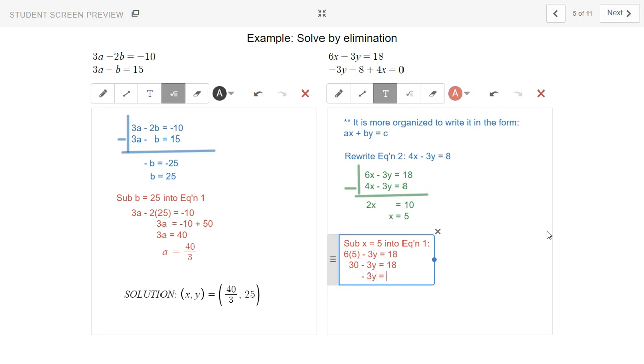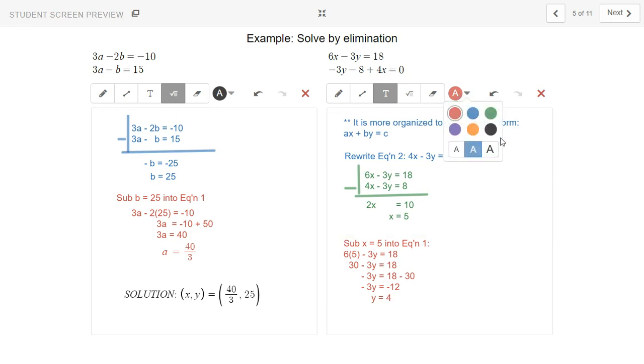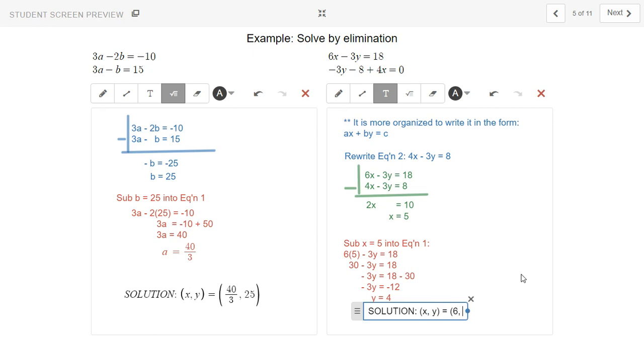Negative 3y is equal to 18 minus 30. Negative 3y is equal to negative 12. And we get y is equal to positive 4. We have our solution. Our xy coordinate is positive 5 and 4.